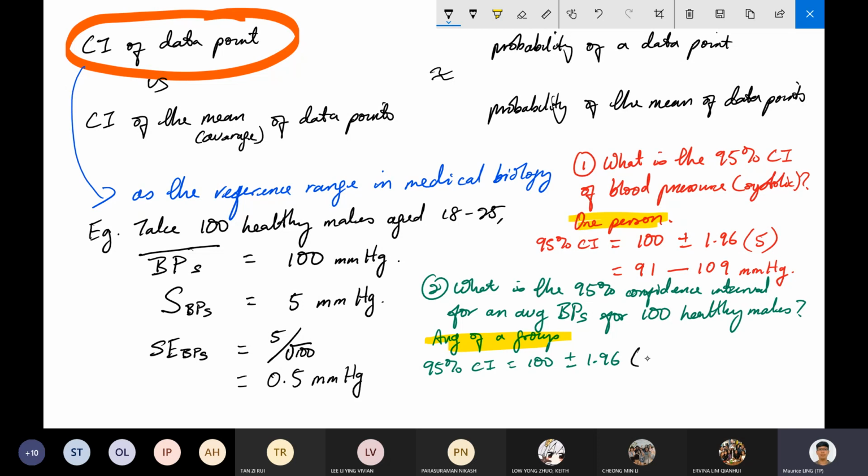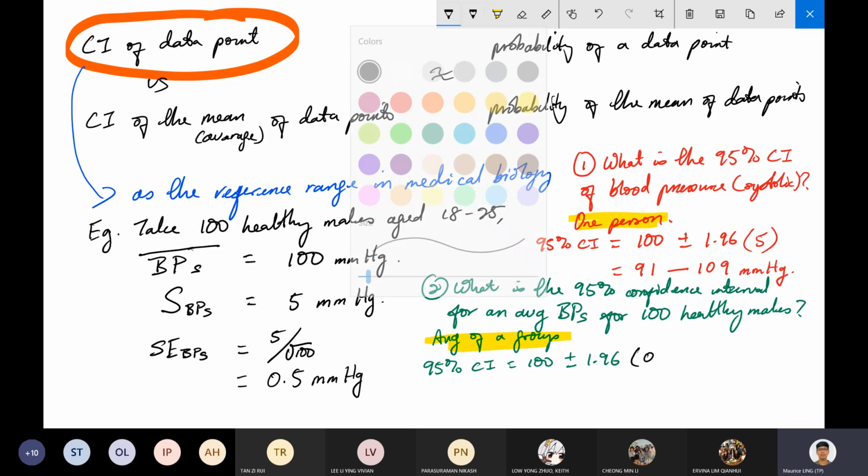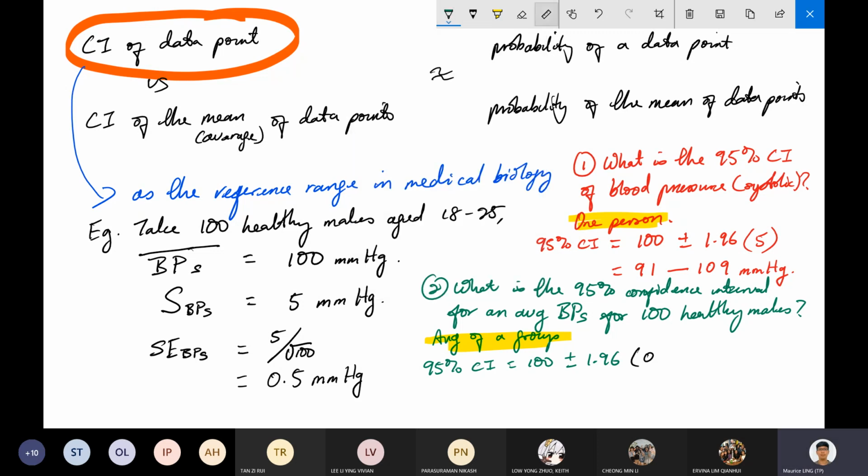So this is about 2 times 0.5, which means it's about 99 to about 101 millimeters mercury. That is the average.